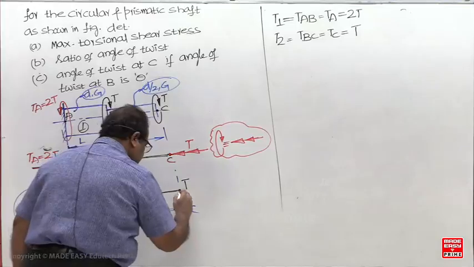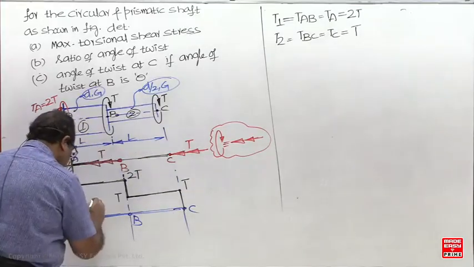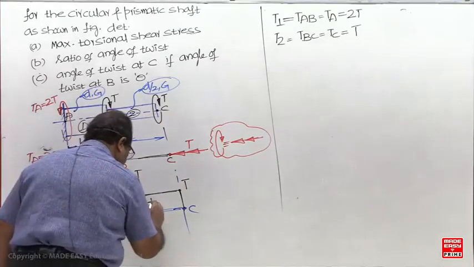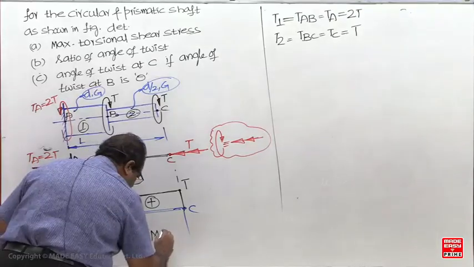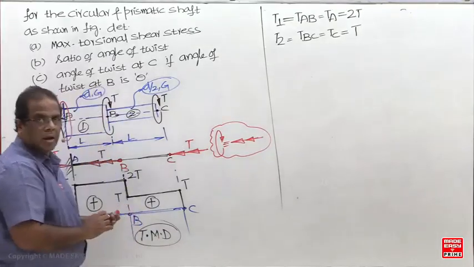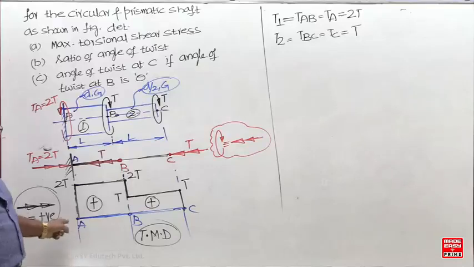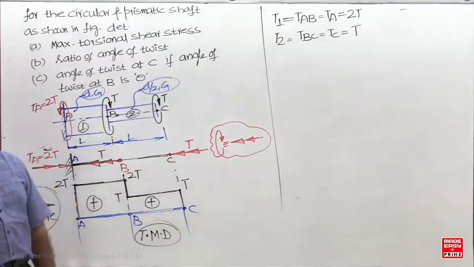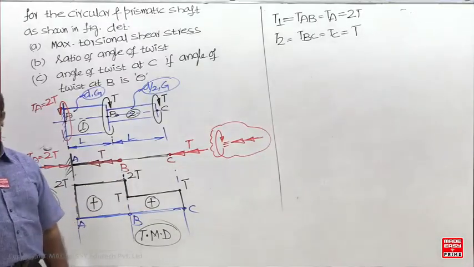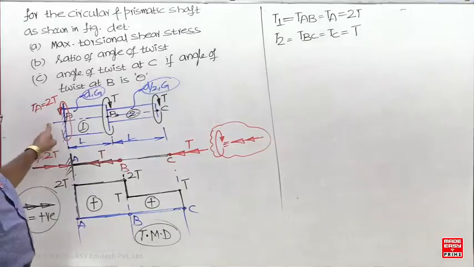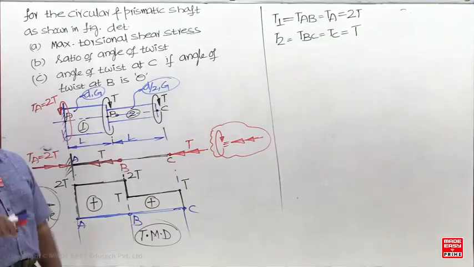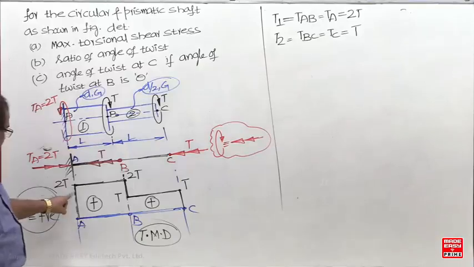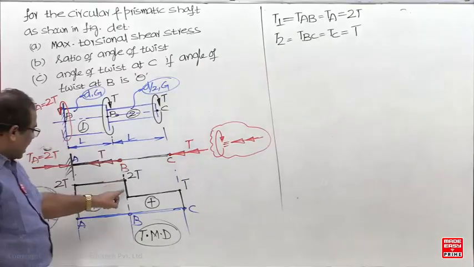Once again negative. Now to cross check, it is already closed at both ends. Number of vertical lines equals the number of twisting couples. How many twisting couples are there? Three vertical lines. Height of the vertical line equals the magnitude of the twisting couple. What is the height of this line? Now 2T. What is the height of this line? T.